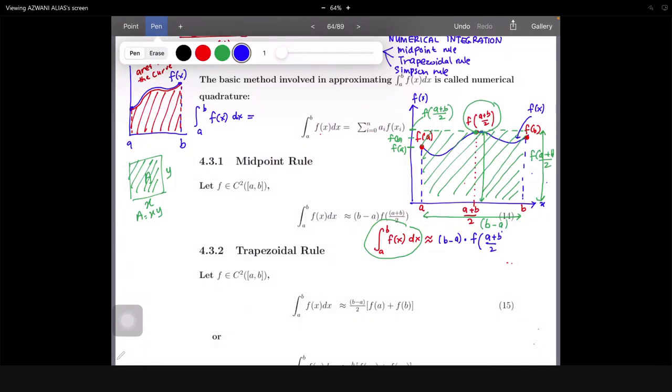That's why it is a summation of Ai with f(xi). Okay. So if we use the midpoint rule, it has the base, which is B minus A, multiplied by the function of its height. Clear?